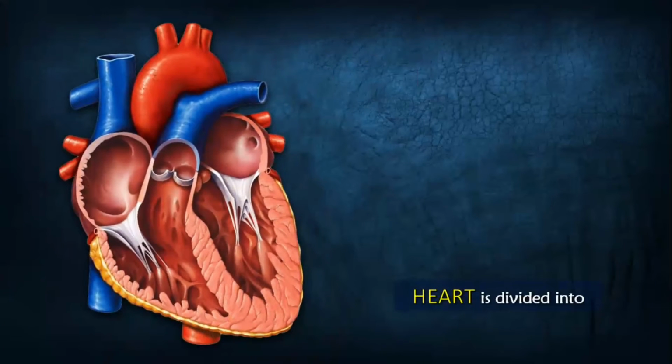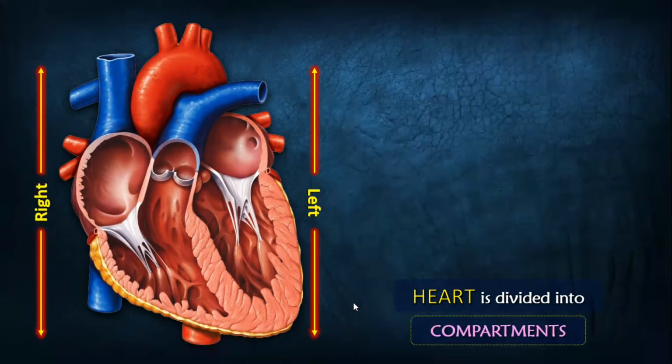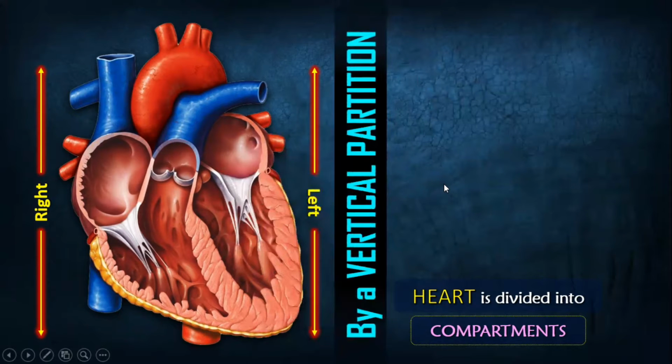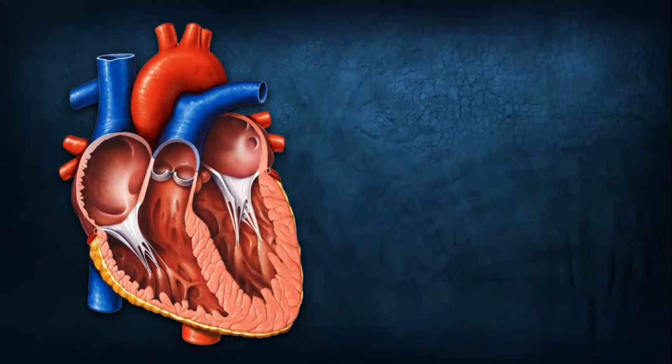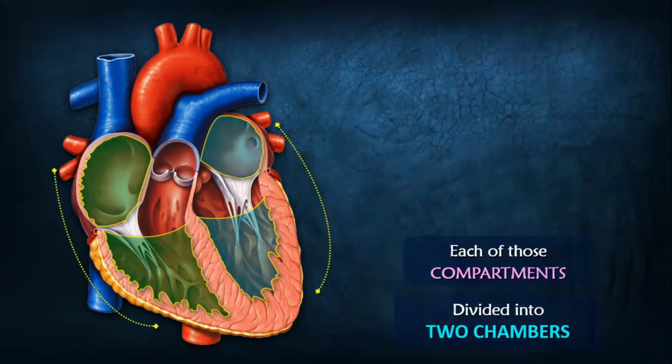Now, the internal part of the heart. The heart is divided into how many parts? Left and right side, which are called compartments. The left compartment and the right compartment are further divided by vertical partitions. Each of those compartments is divided into two chambers.